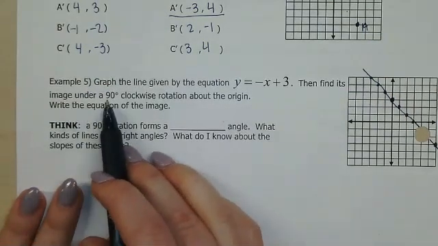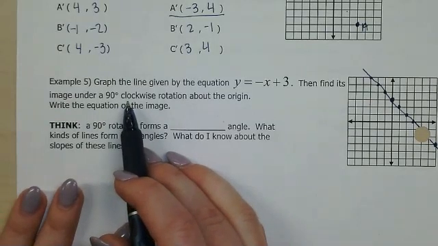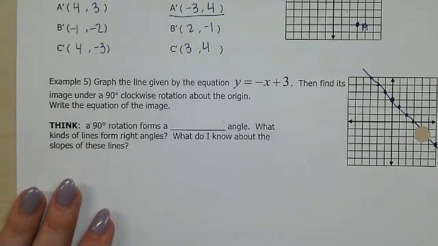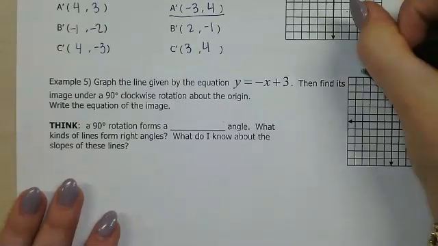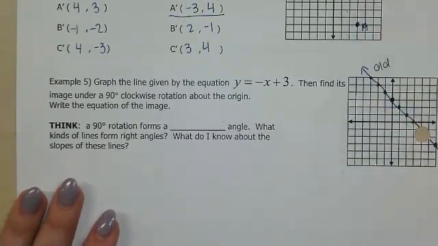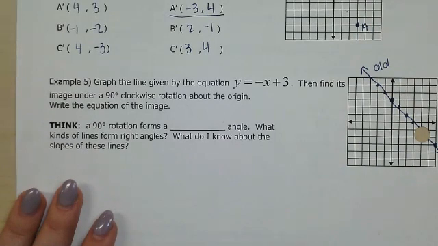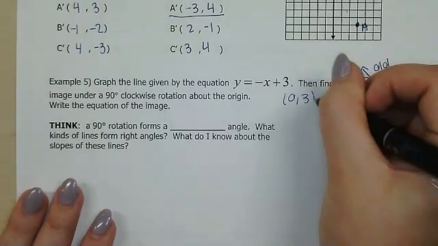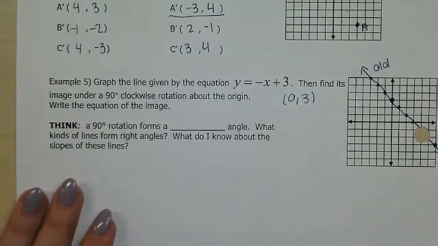Find its image under a 90-degree clockwise rotation about the origin. Okay. So this is the original line here, the old line. All you would need to do is pick a few points that are on it and change them. All right. So for example, I know that currently this has the point (0, 3), right? That's where the y-intercept is.